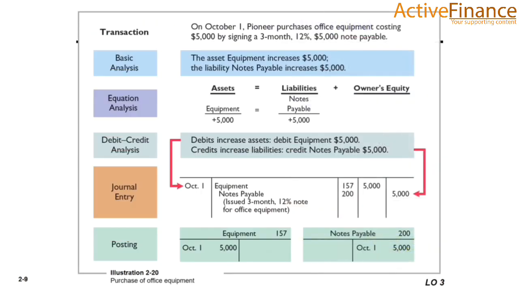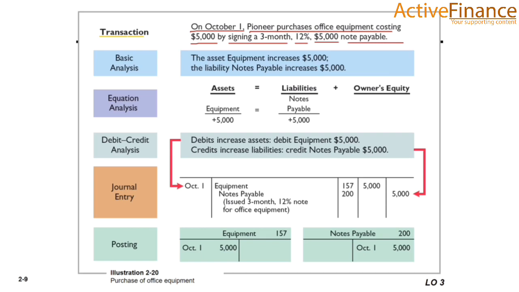So this is the second transaction, in which on September 1st, on the same date, Pioneer purchases office equipment costing 5,000 by signing a 3-month, 12% note payable.